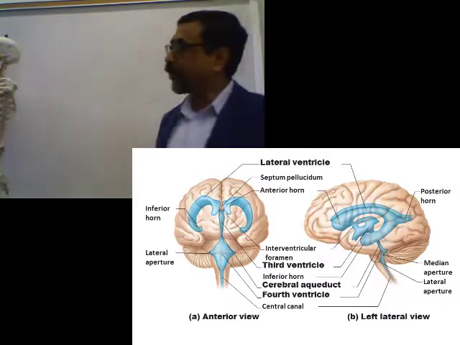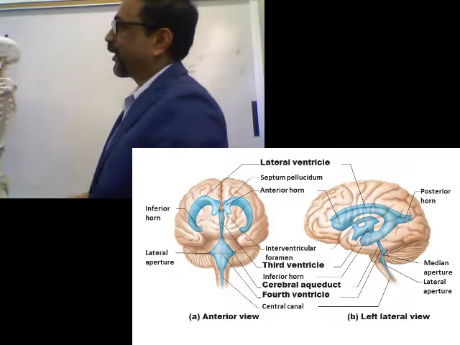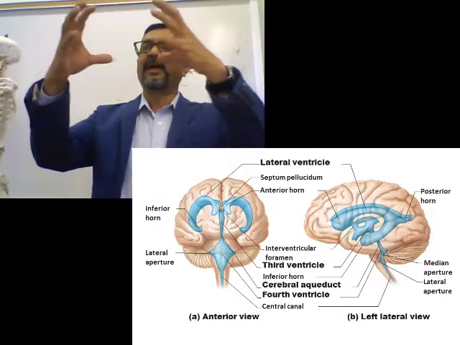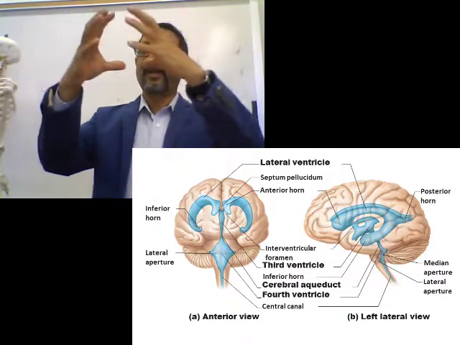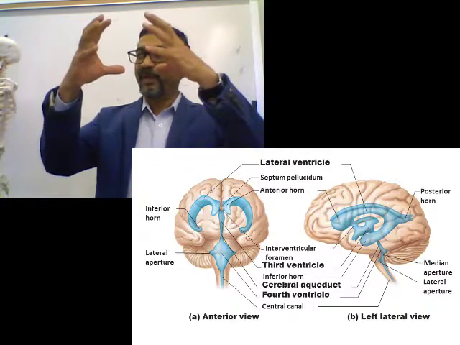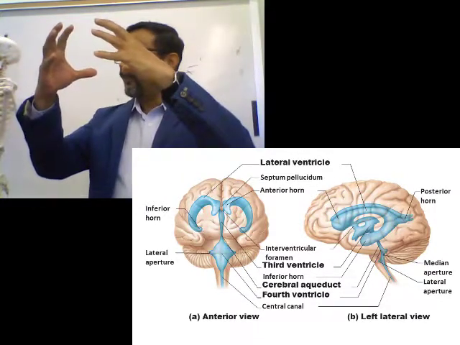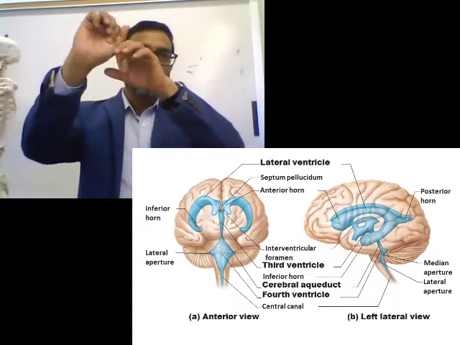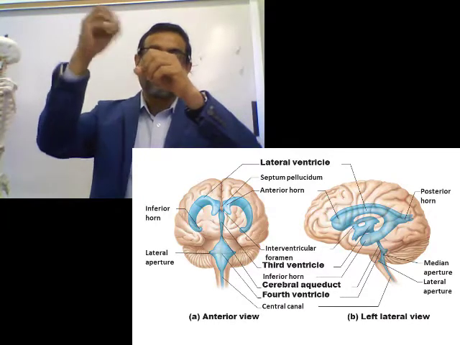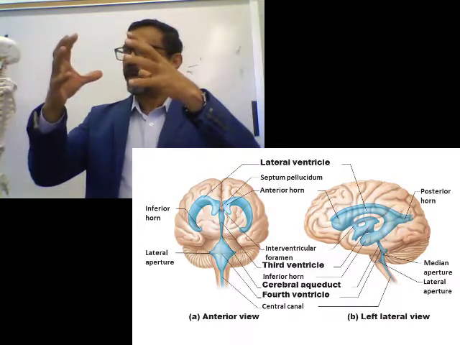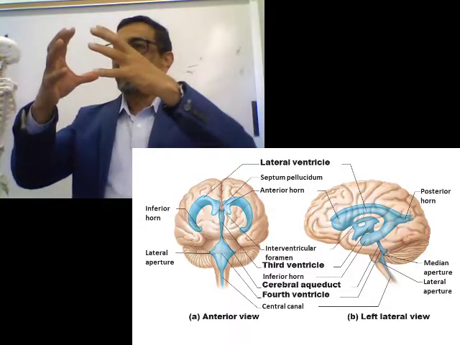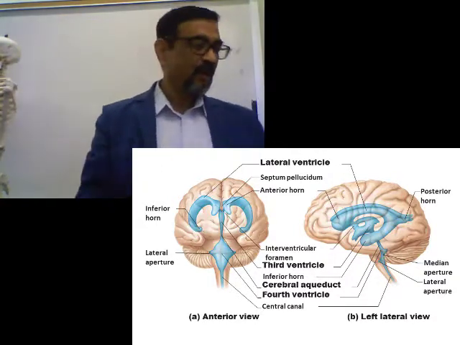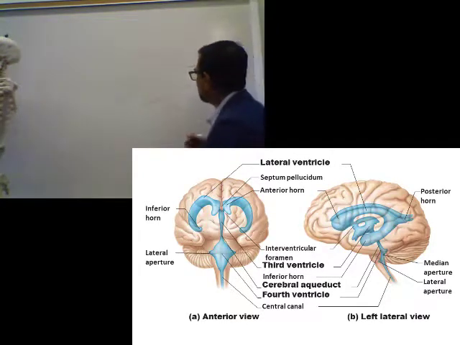The fluid can accumulate more and more inside the ventricle, and that will make the brain bigger, expand the brain, because more and more fluid will accumulate, right? Cannot get out. Make sense? Because the passage has been blocked. So the fluid production is continued. So more and more fluid will accumulate, and that will press the brain to expand. And that condition is called hydrocephalus.